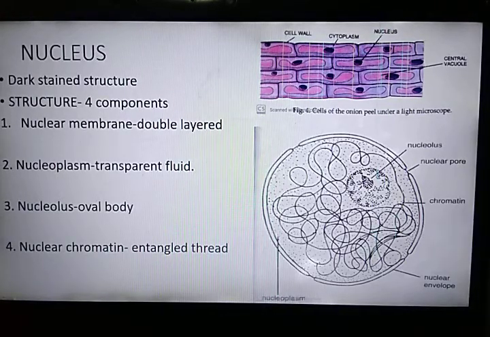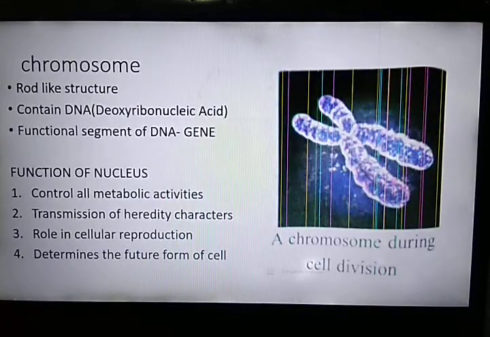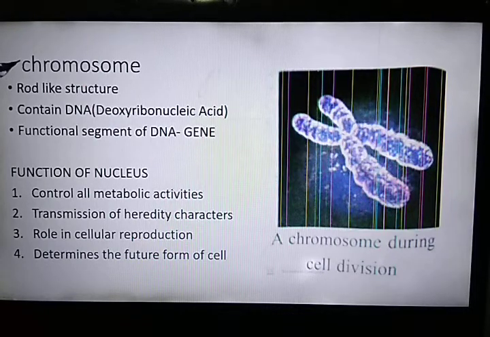Now, when the cell has to divide, the chromatin material gets organized or condenses to form rod-shaped structures called chromosomes. So when the entangled thread-like chromatin condenses during cell division, meaning when one cell divides to form two daughter cells, at that time chromatin condenses to form rod-like structures known as chromosomes. Now, what are chromosomes?